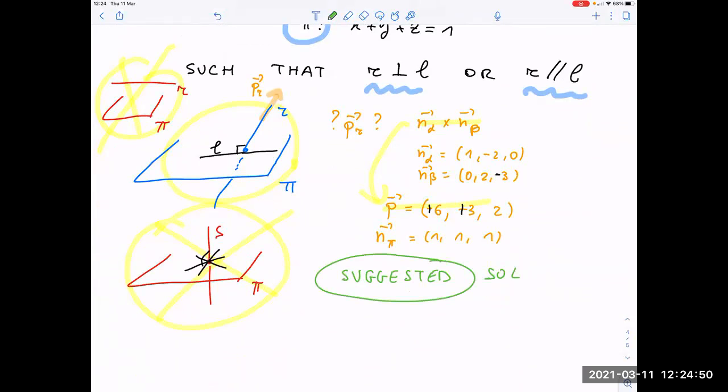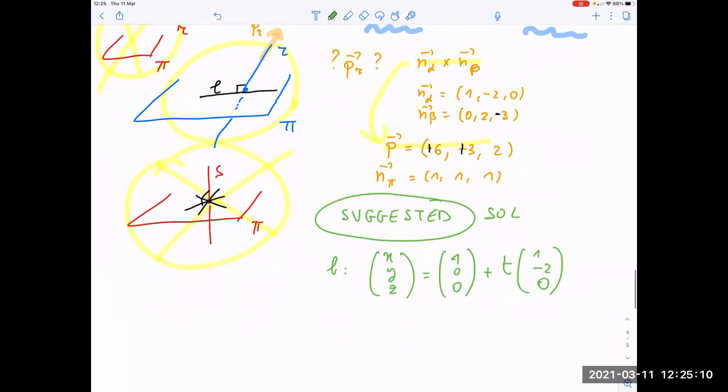So one suggestion was to give the line in parametric form as x, y, z equal to, then point 1, 0, 0, and then direction vector 1, minus 2, 0. Okay, so this is one suggested solution. So first thing I need to check, is this a point of the plane?